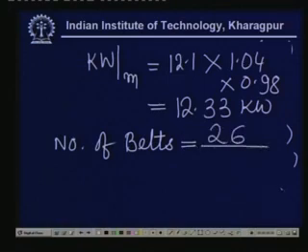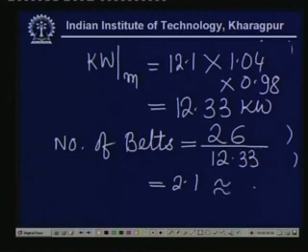That, as I told you, is the same as we have decided, a service factor of 1.3. So now coming to the point, 26 divided by the modified factor comes out equal to 2.1, so say approximately 2. So how many belts do we require?